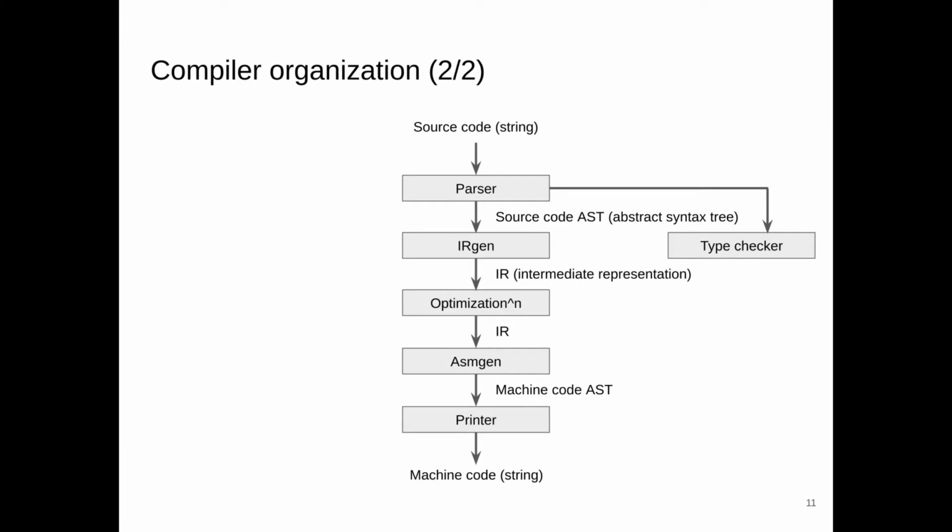For example, the first pass, the parser, is translating the source code written in string into the source code written in AST, or abstract syntax tree. An abstract syntax tree is basically a mathematical object represented in a computer that is much easier to deal with than strings.